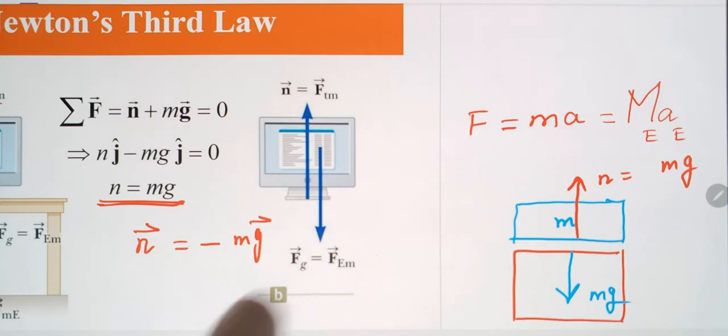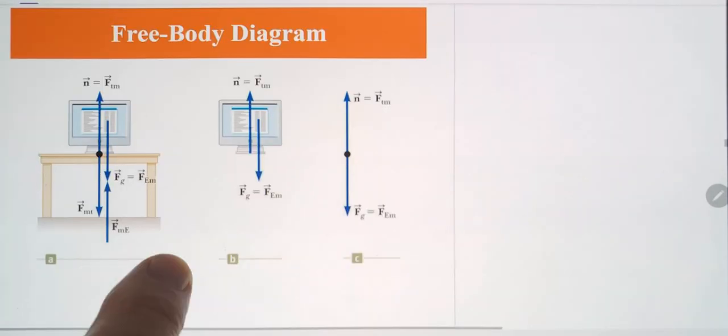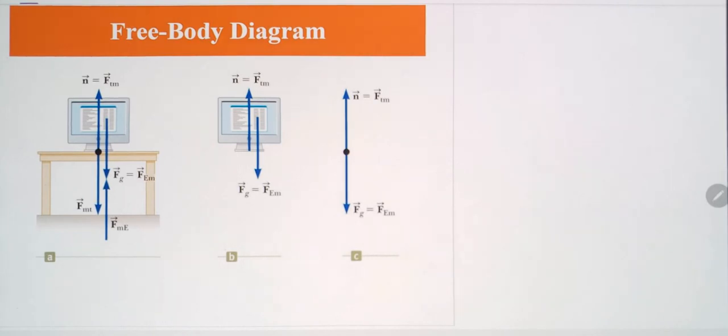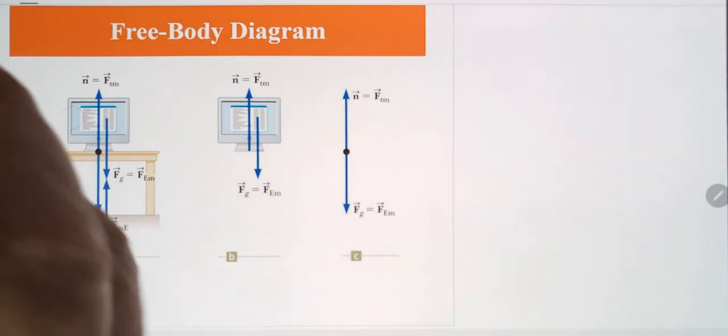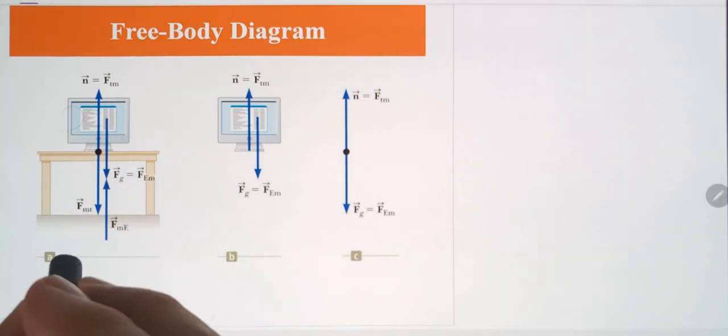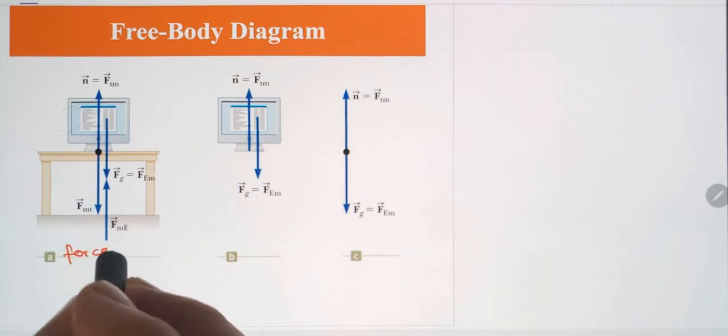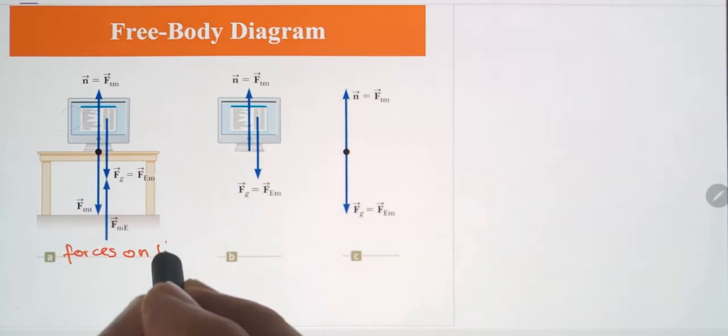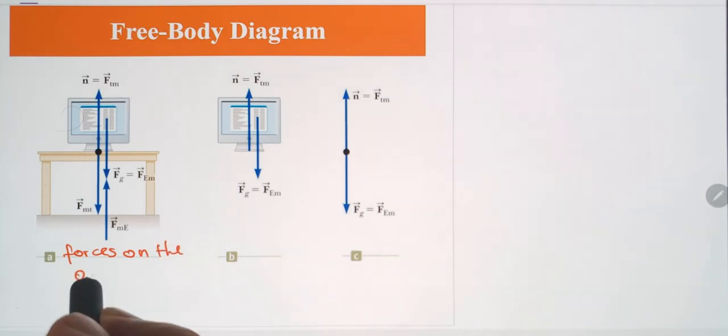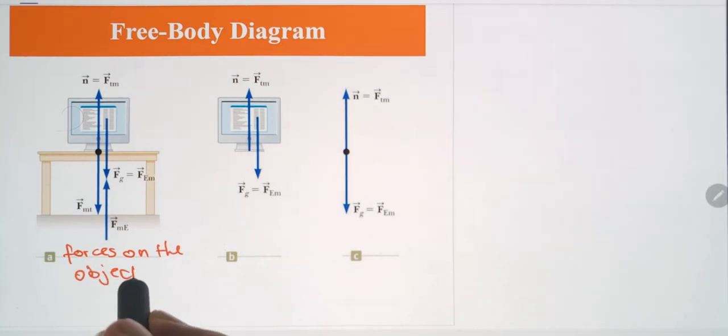Okay. Now let us introduce you to 3 diagrams. This one, with so many vectors, we call it forces on the objects, to illustrate everything in the graph.